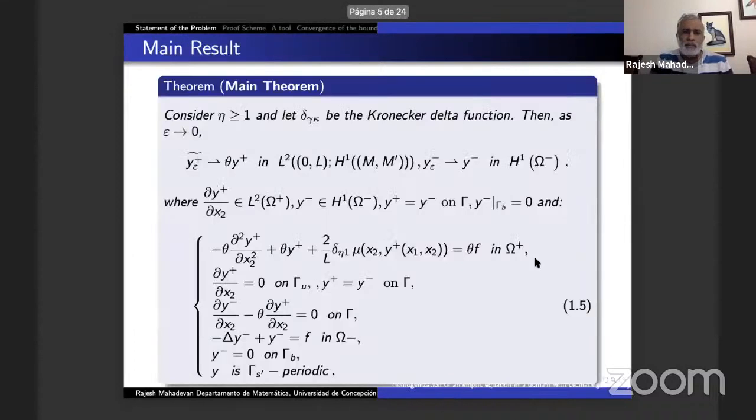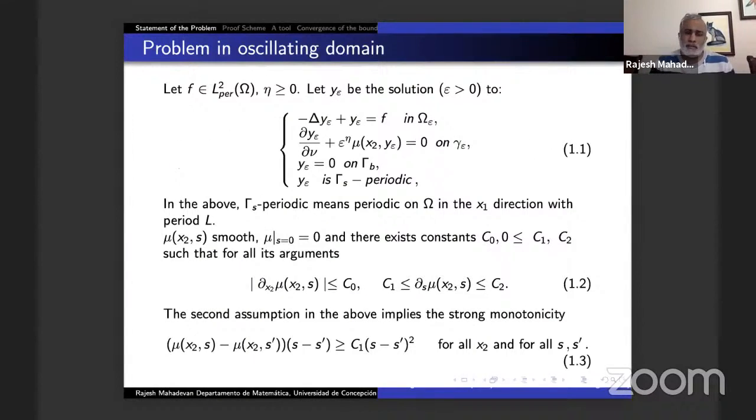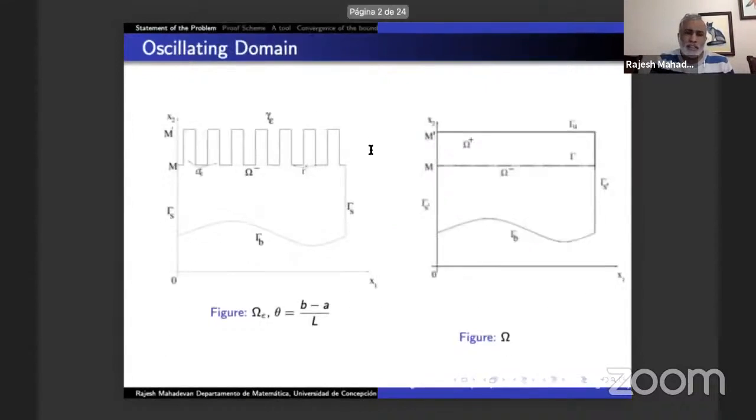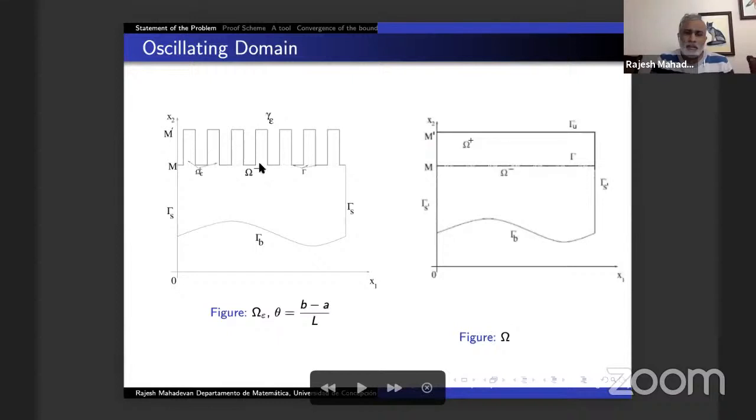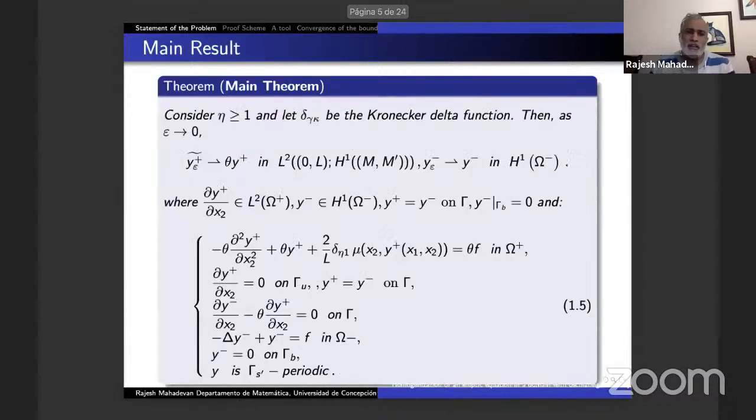So the main result is that in such a case, the oscillating nature of the boundary here will eliminate some of the derivatives, as was seen in the lectures of François Murat.